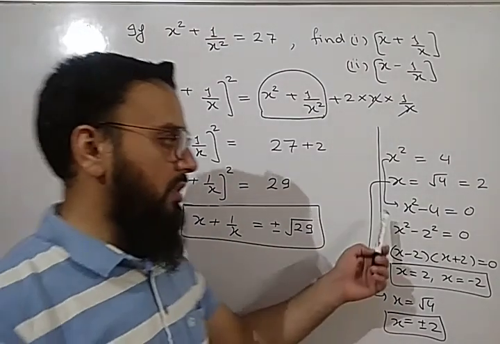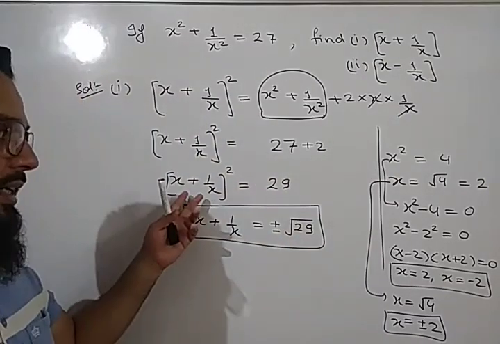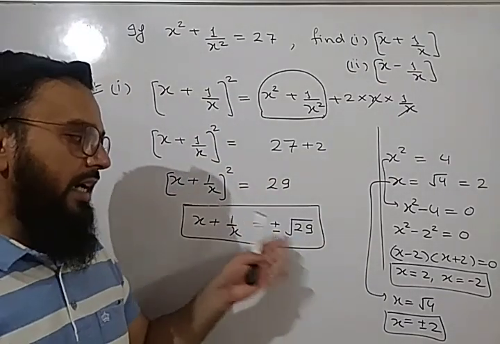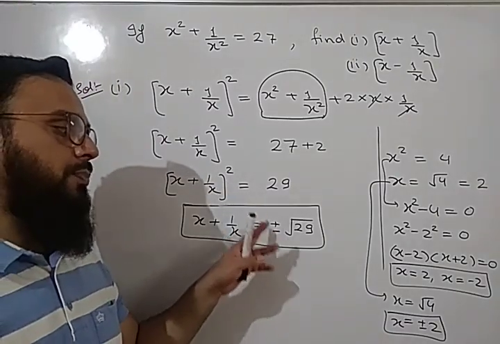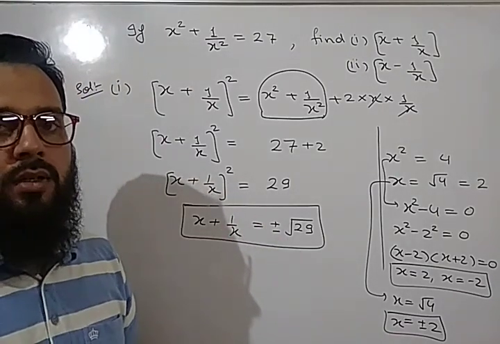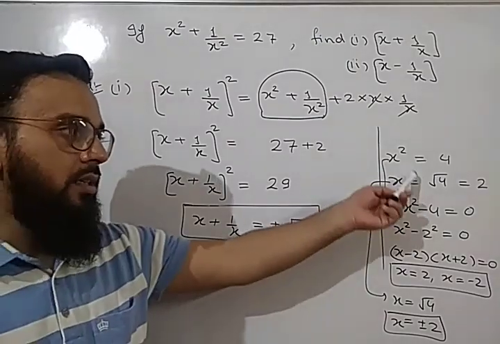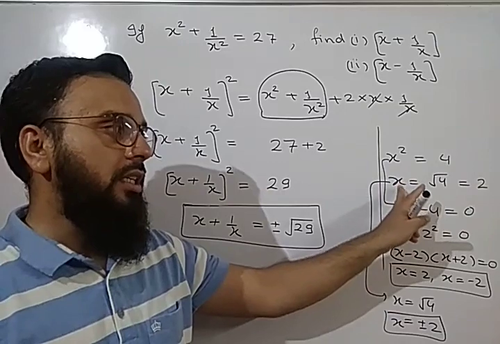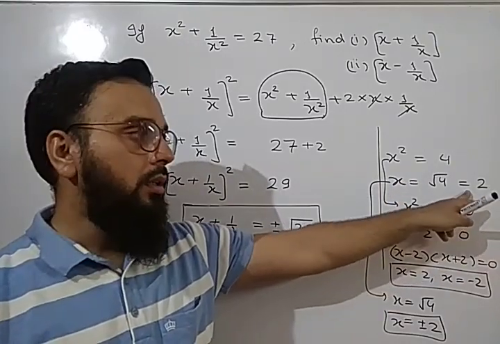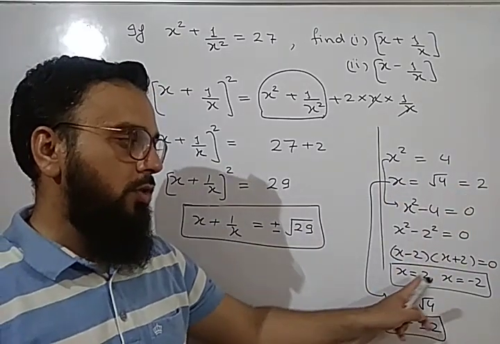So always remember this thing. Whenever you are given a quadratic equation or quadratic expression, and you are taking the square root of that quadratic expression, then always use the plus and minus sign. Okay, why is it coming? I explained it to you. If it is given x square equal to 4, if you generally write x equal to 2, then it is wrong. There will be two answers, x equal to plus 2 and minus 2.